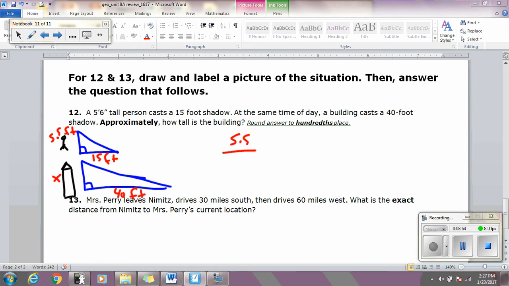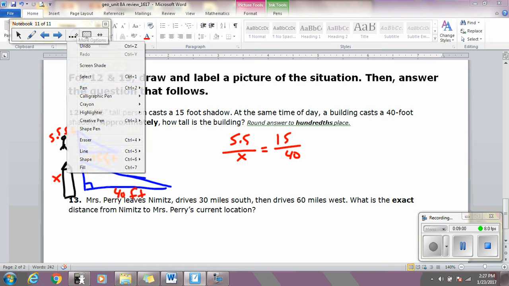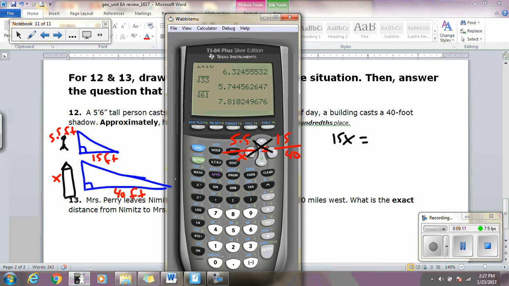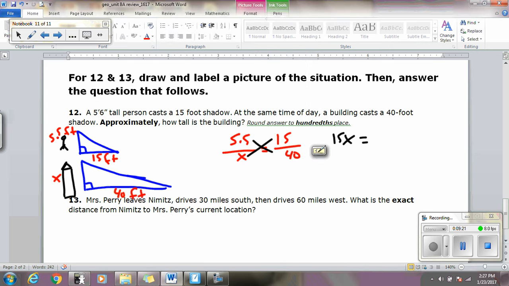So we can set up our proportions as follows. 5.5 is to x as 15 is to 40. And now we can cross multiply. And you would get 15x equals 5.5 times 40, which is 220.